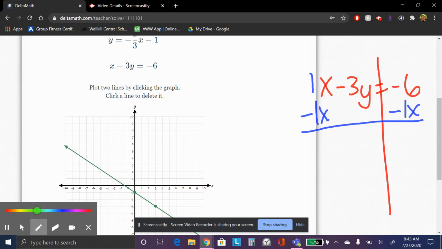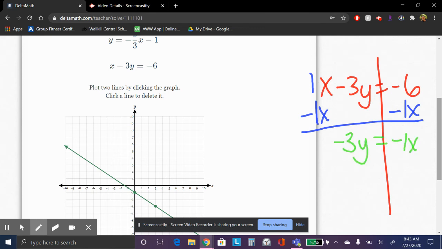And then make sure you bring down the -3y. That negative doesn't go anywhere. -1x minus 6. The reason I leave that -1x first is because I want to leave it in slope-intercept form. So you want the x term first, then -6.